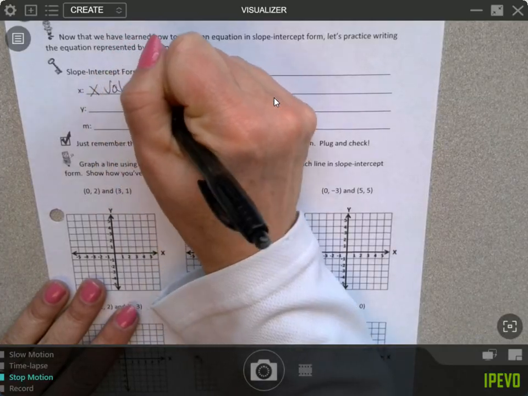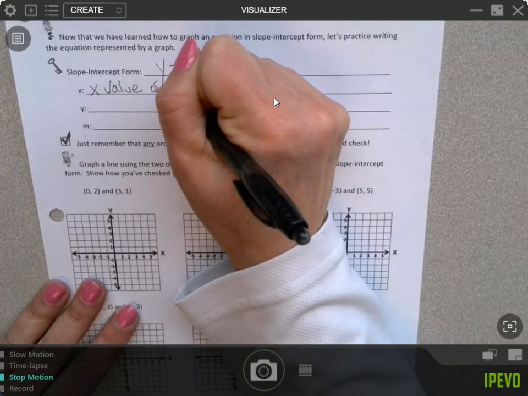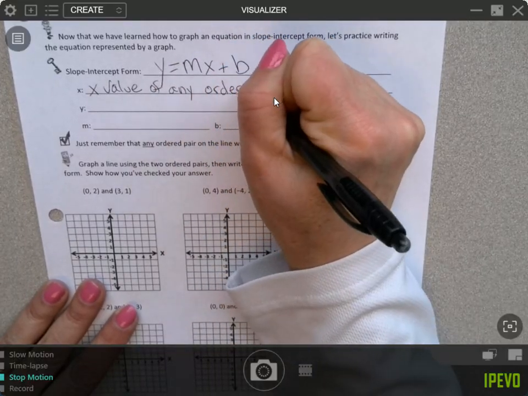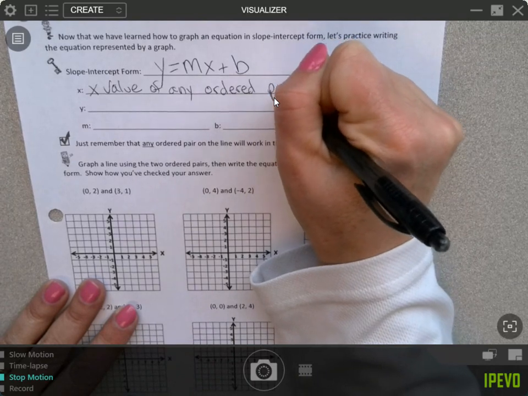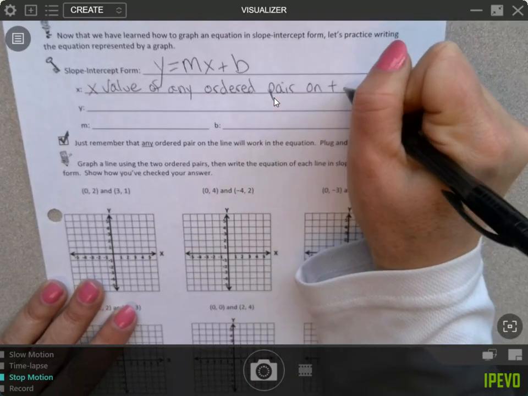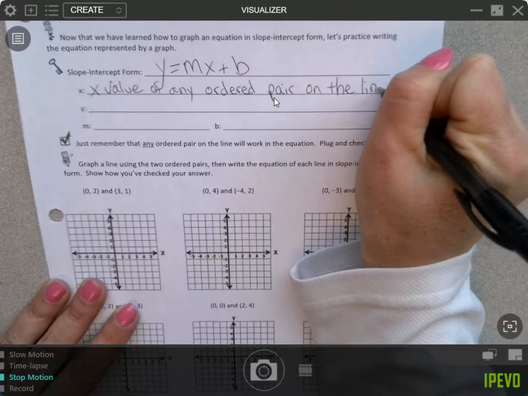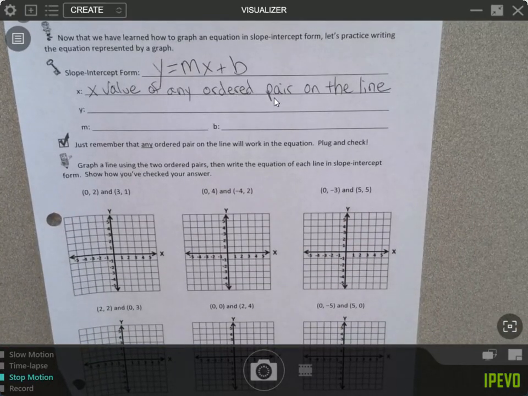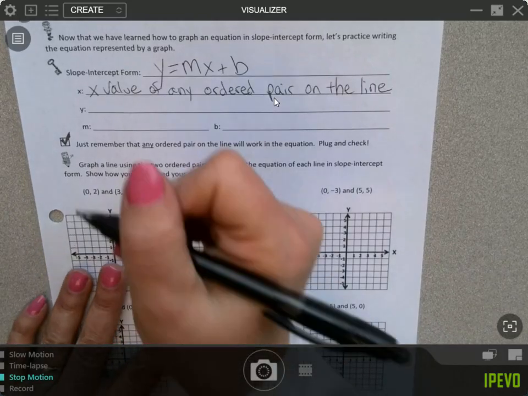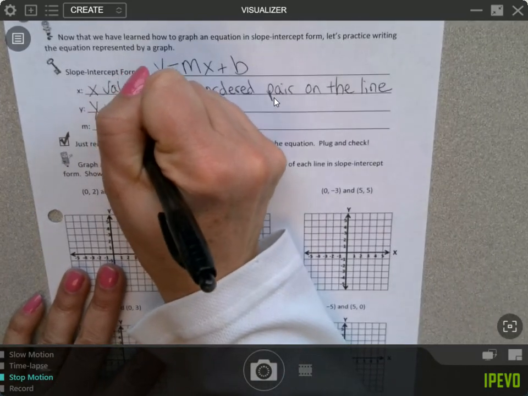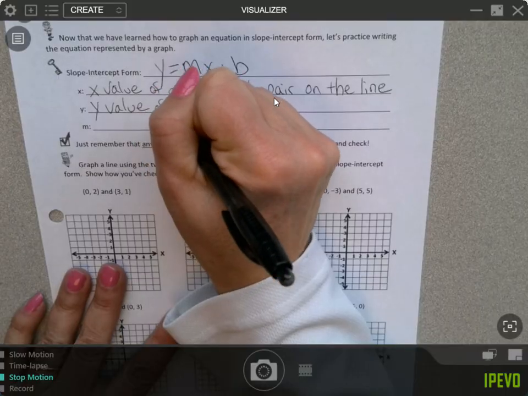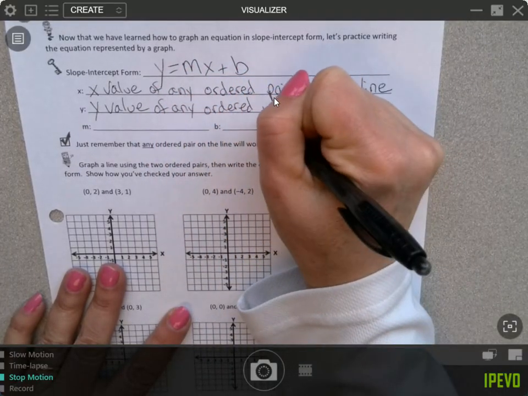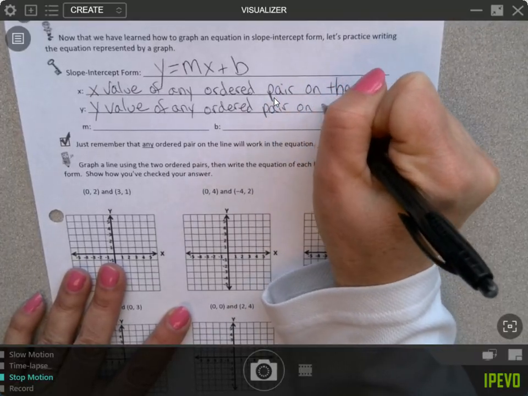The x value of any ordered pair on the line. So knowing that about our x, what is the y, Luke? The y value of any ordered pair on the line.